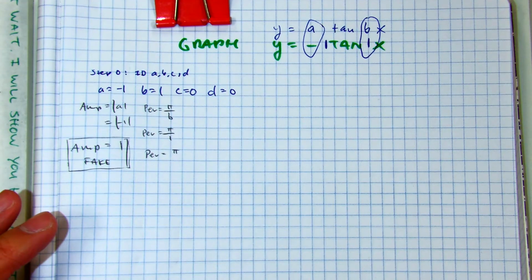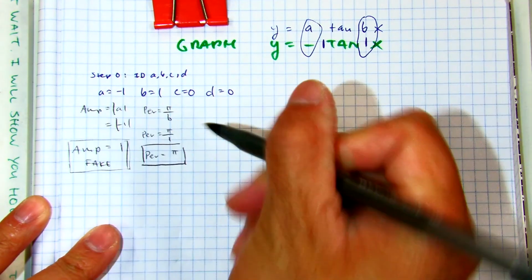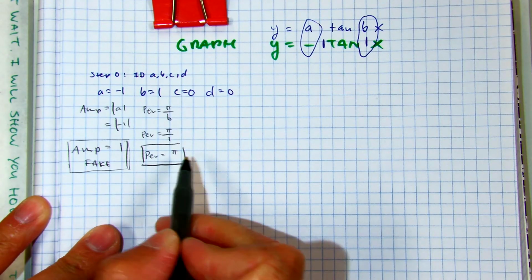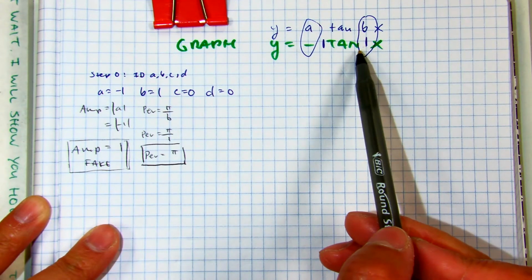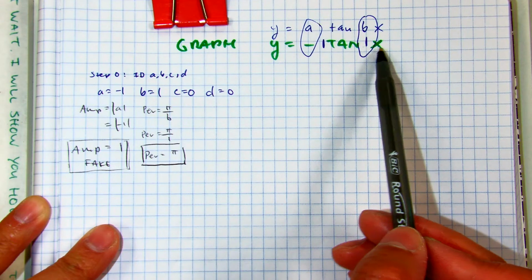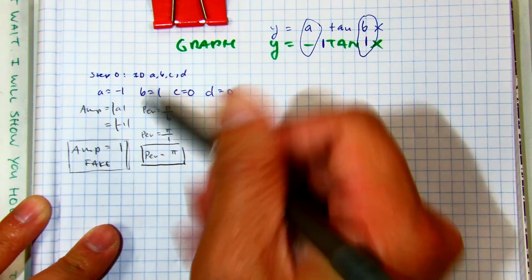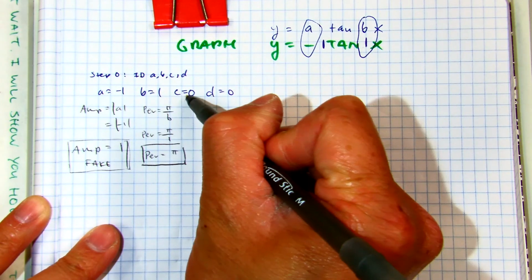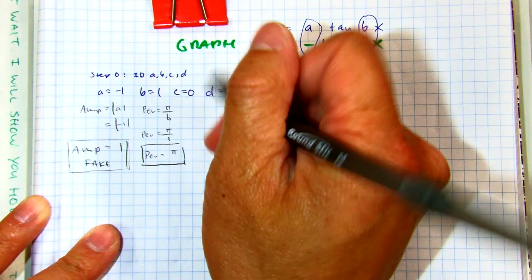Students were stuck on the quiz. What to do with this? Remember, you can actually put this between, although class, is there a horizontal or a phase shift? Well, we could just interpret it with the C value. The C value, class, is there a C value? No. So no what?